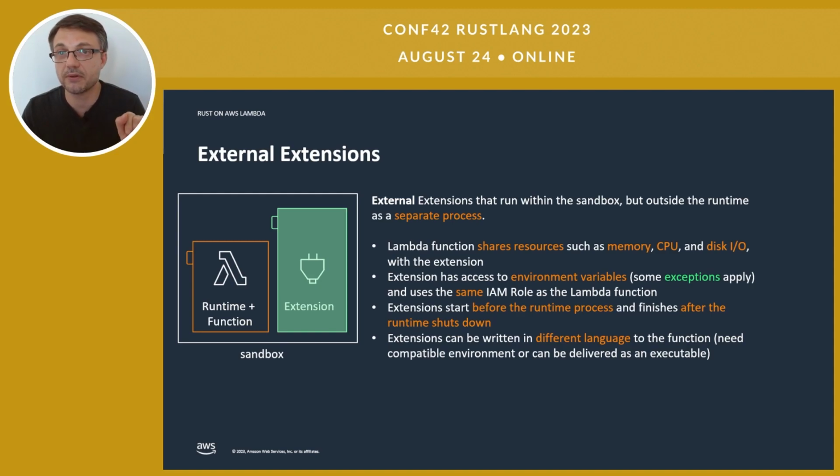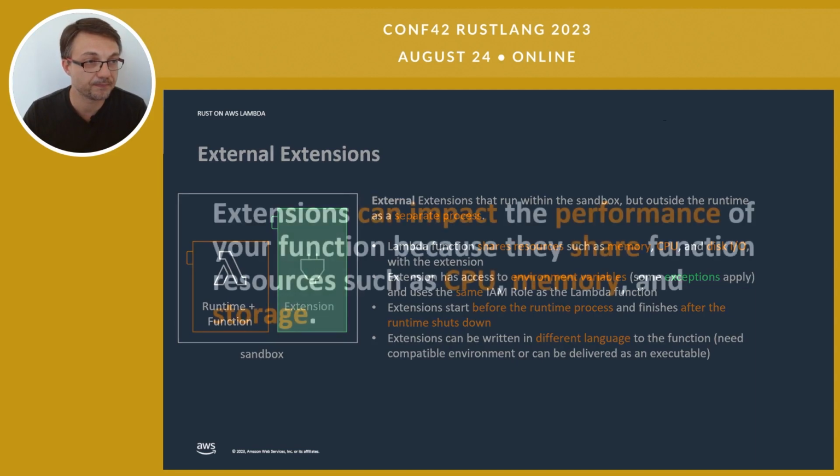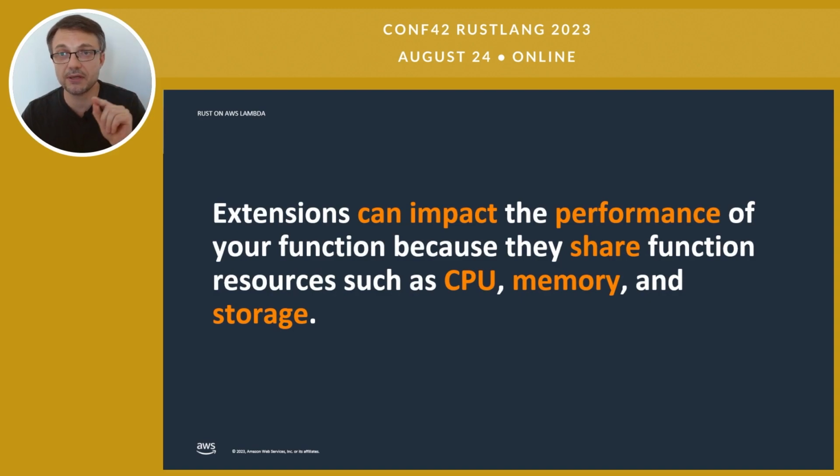Another very important thing is that your extension doesn't have to be written in the same language as your main Lambda function. That means you can create extensions in Rust and augment the behavior of Lambda functions written in Node.js, Python, Java, or any other languages. But an important thing is that those extensions can impact the performance of the main function because the resources are shared.